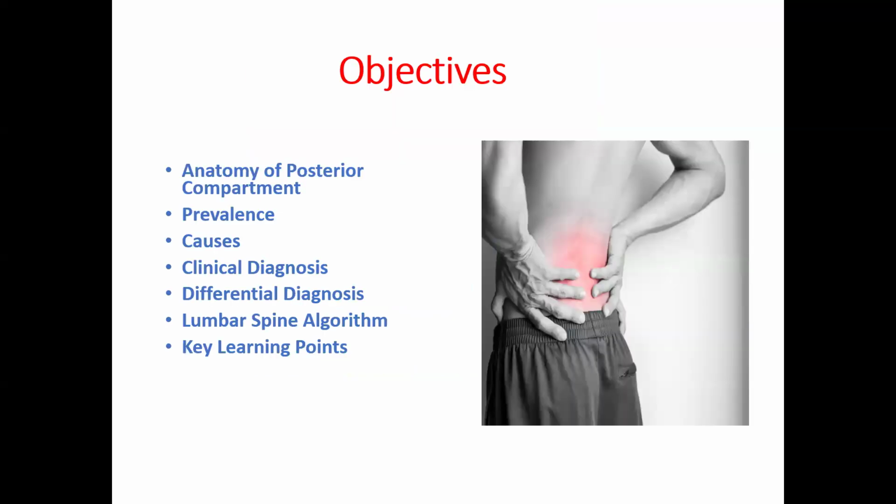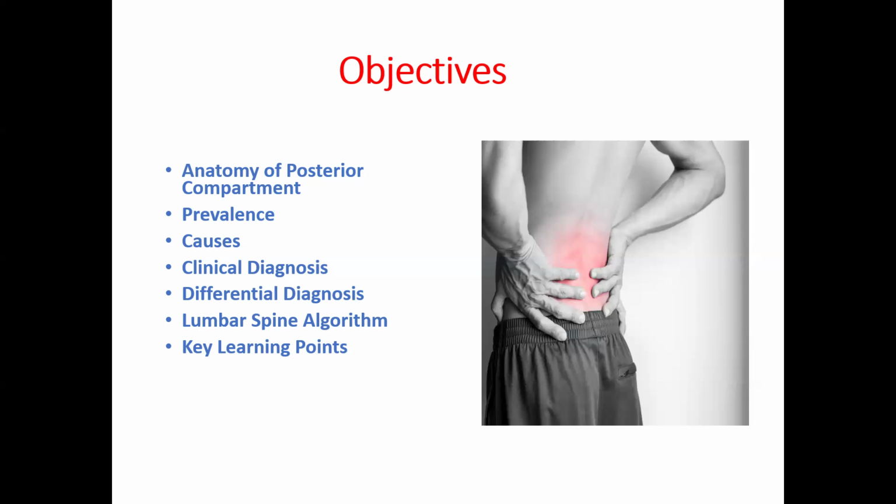The objective of this presentation is to give you a review of the anatomy, particularly the posterior compartment. This week I'll be talking about the posterior compartment of the lower back, and next week, inshallah, the anterior compartment.